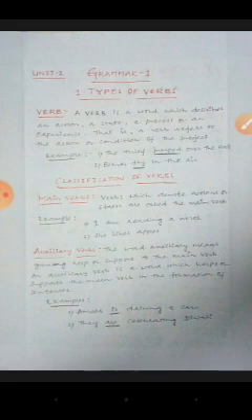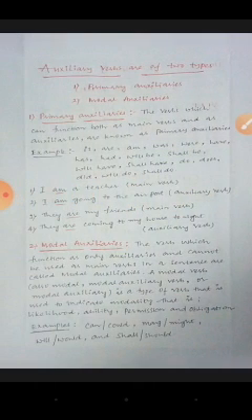Now I am going to discuss primary auxiliary and modal auxiliary. These two are auxiliary verb types. In brief, auxiliary verbs are of two types. First one is primary auxiliary and second one is modal auxiliary.